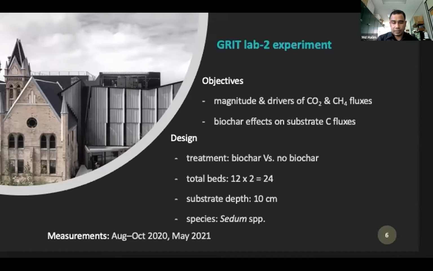So to test how biochar actually performs, we surface incorporated sugar maple biochar at a 20 ton per hectare dose in 12 beds and left another 12 beds as control. We have one species, sedum, throughout these 24 beds. This is part of the experiment, just to be clear, because we also have native plants, but at the time we were doing this measurement, they did not have sufficient cover to compare with the sedum, so that's why we're partially presenting the data here.